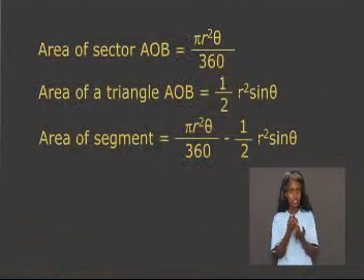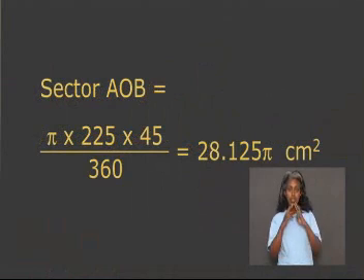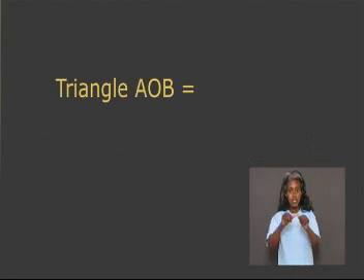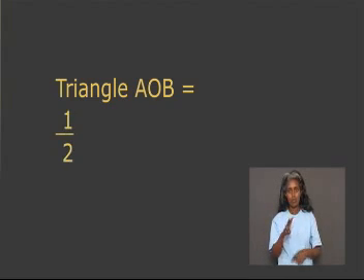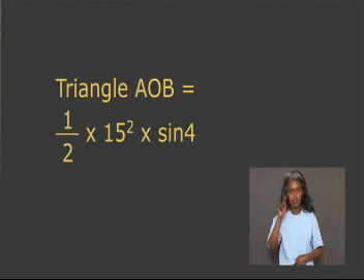Here is the solution for the area of sector AOB. The answer is 28.125 pi centimeters squared. The area of the triangle is 1/2 times 15 squared times sine 45 degrees.